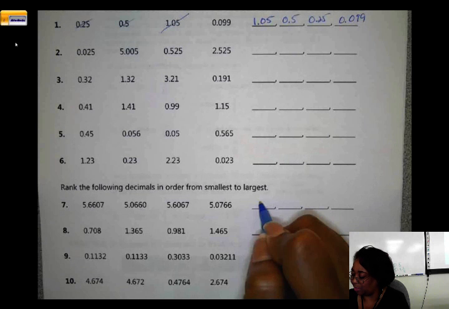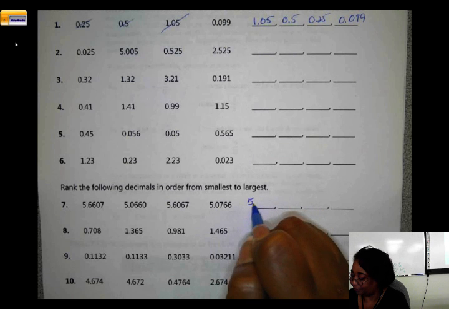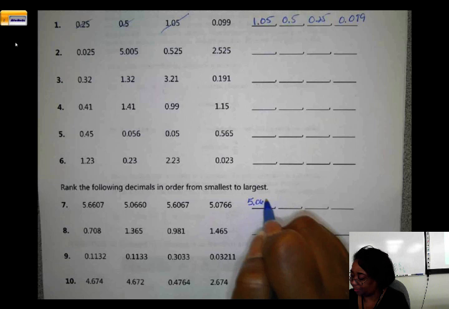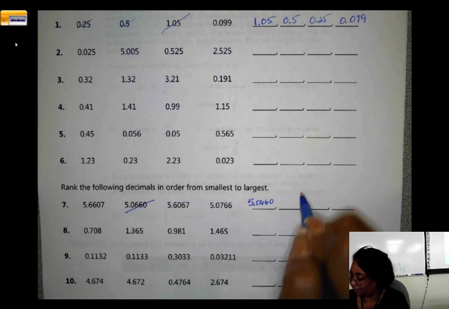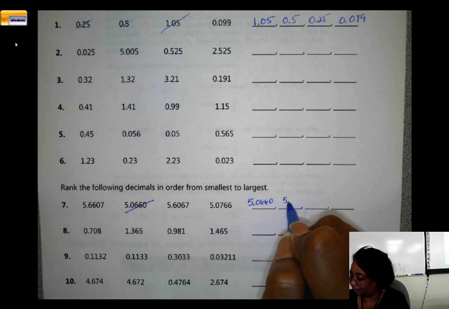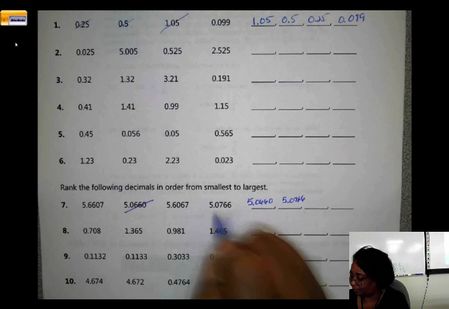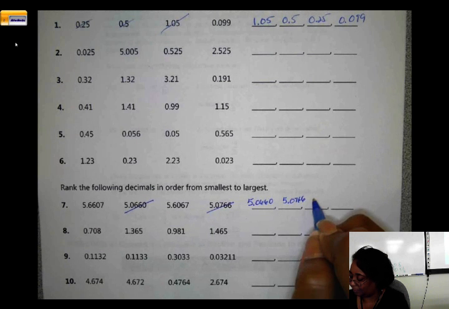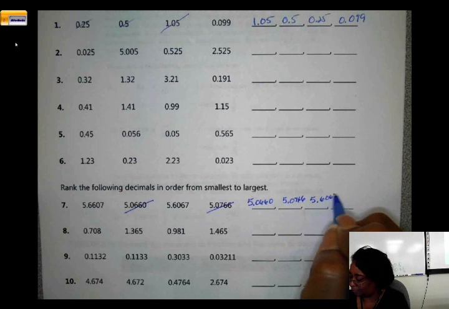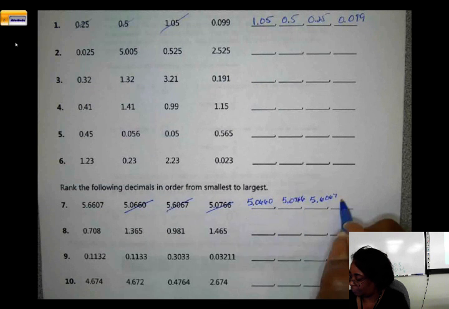Which one is the smallest of number 7? Yep. So be sure to put them in the correct order.